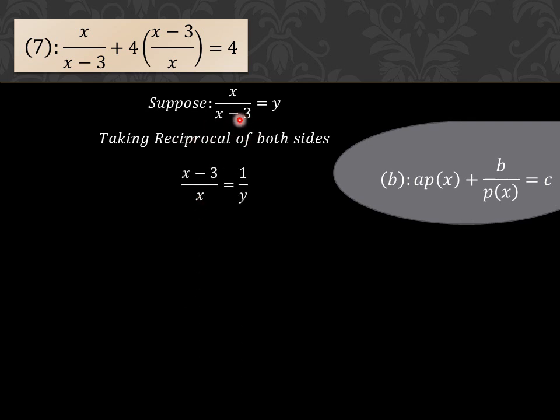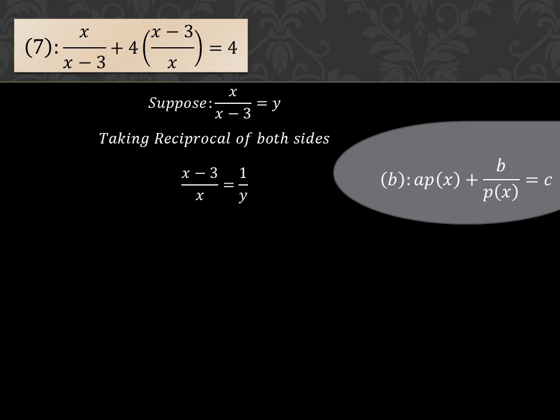X minus 3 will become the numerator and x will become the denominator, and y will become the denominator and 1 will become the numerator. So now you can see that x over x minus 3 equals y, which is this fraction, and x minus 3 over x equals 1 over y, which is this side of the fraction.